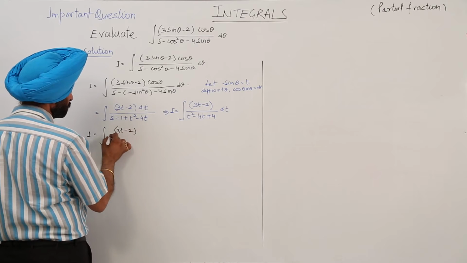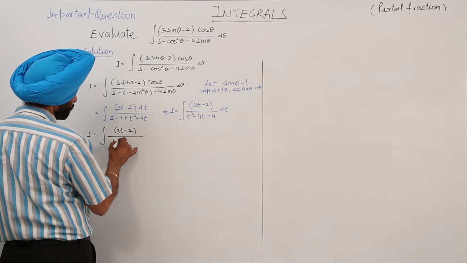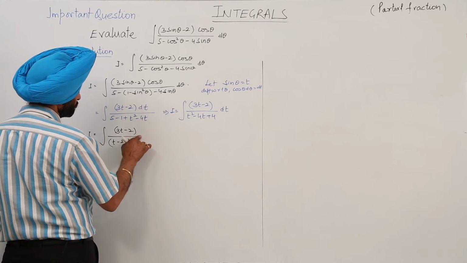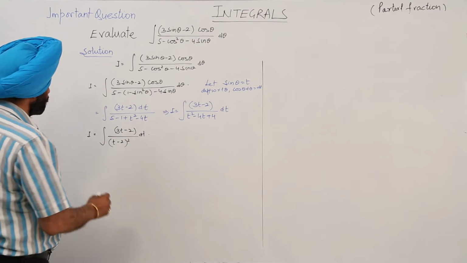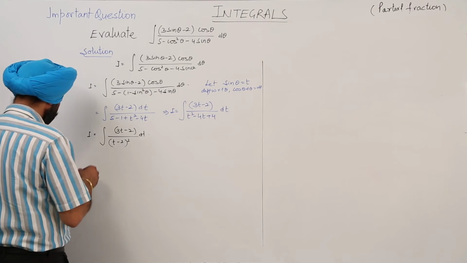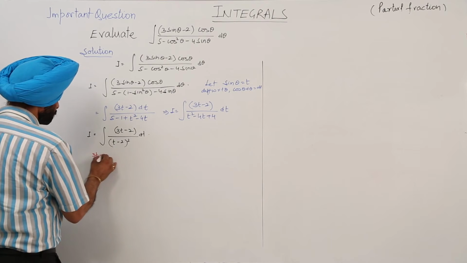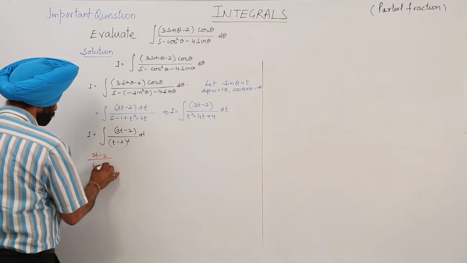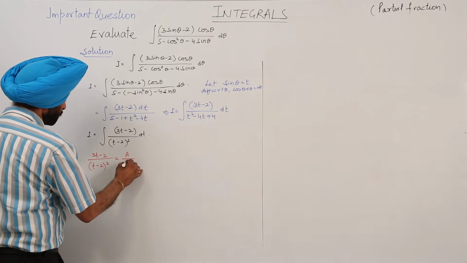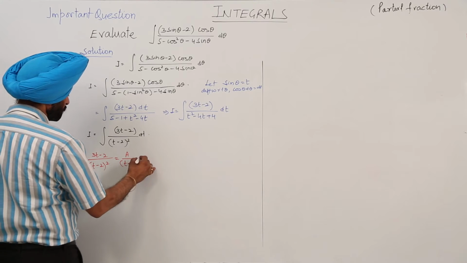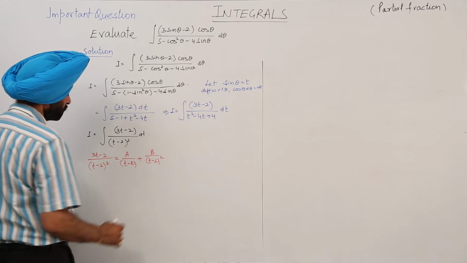3t minus 2. Now it is clearly visible that the denominator is the formula for t minus 2 whole square, with dt. So now what we can write is: 3t minus 2 upon t minus 2 whole square is equal to a upon t minus 2 plus b upon t minus 2 whole square.